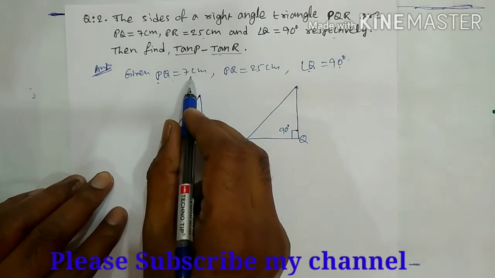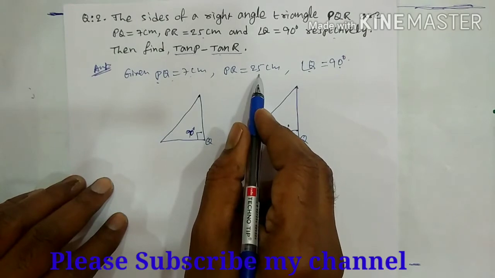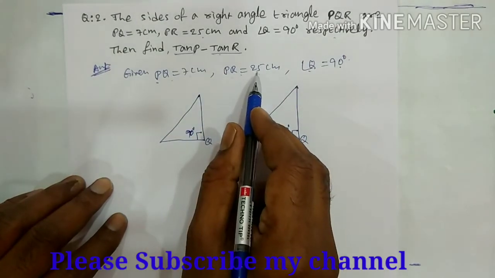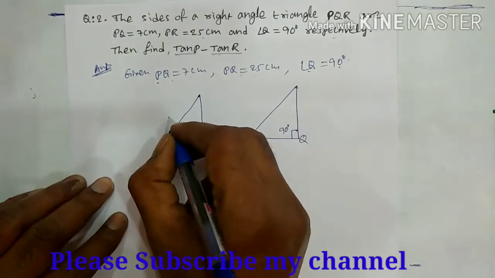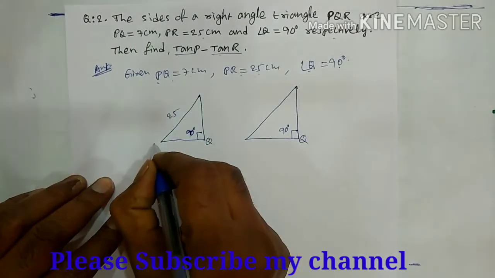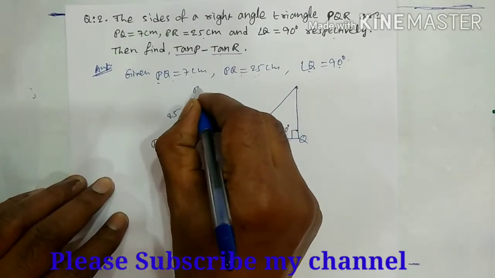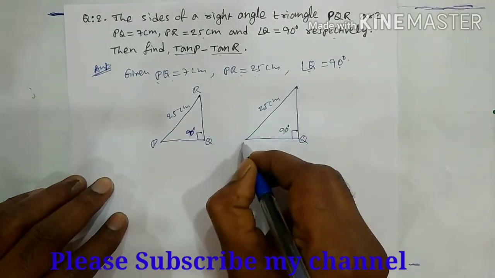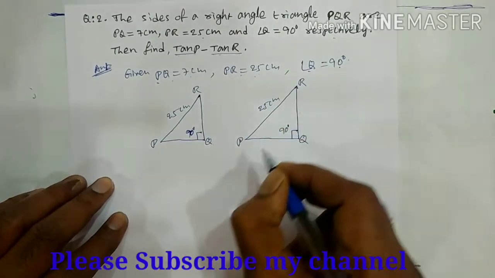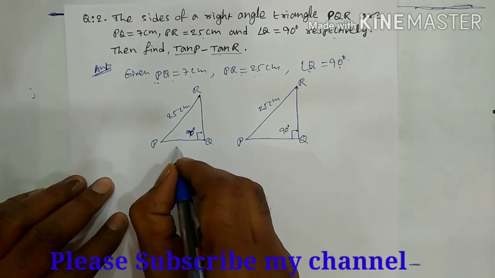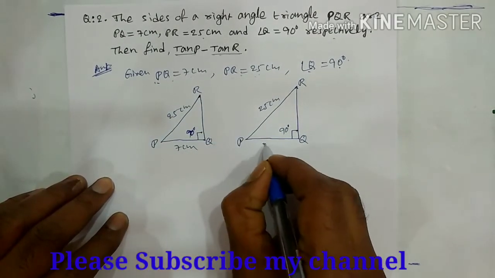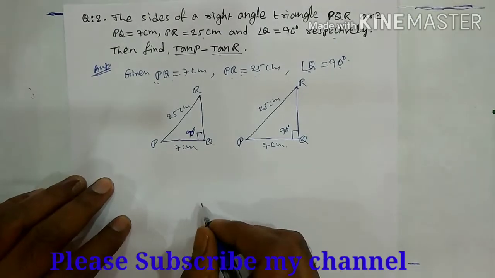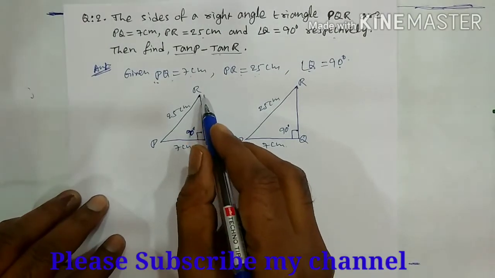So PQ is given 7, PR is given 25. The bigger value is PR, so PR is 25. This is P, this is R, 25 centimeters. This is also 25 centimeters. This is P, this is R. So PQ is given 7 centimeters. 7 centimeters. So now here you need QR.